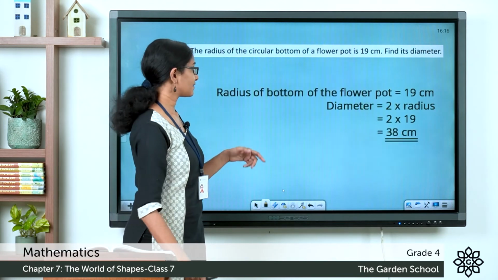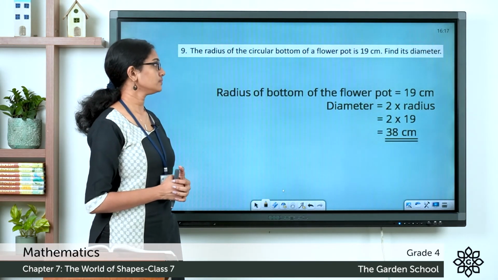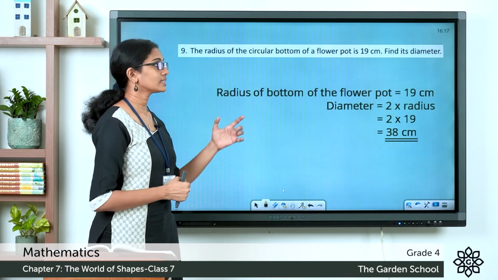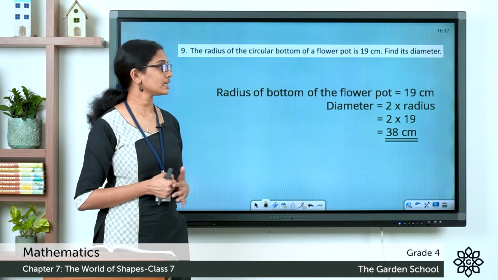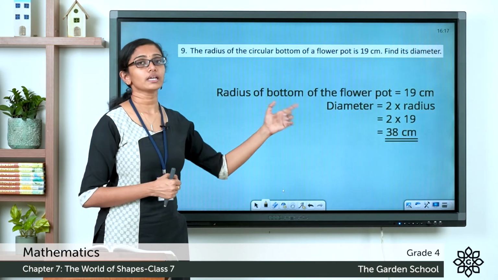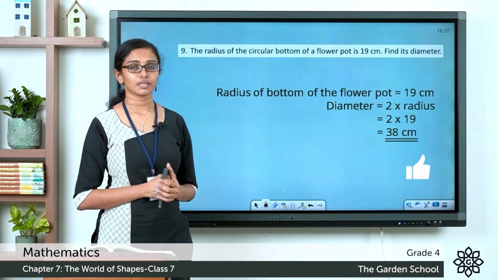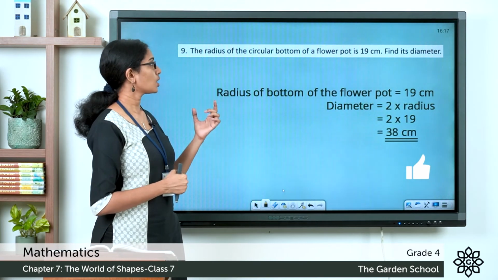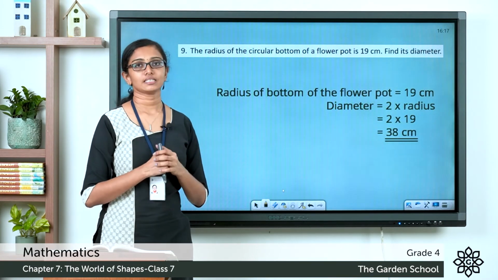So from the data given in the question, let's write down the steps. The radius of the bottom of the flower pot is equal to 19 centimeter. Diameter is equal to 2 times radius, which is equal to 2 into 19, and that's equal to 38 centimeters. So the diameter of the bottom of the flower pot will be 38 centimeter.